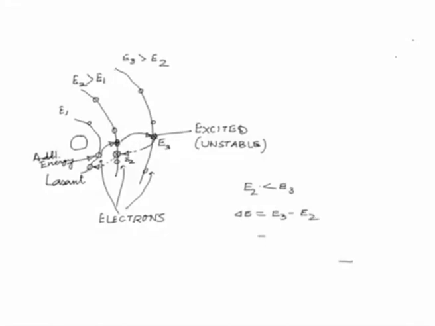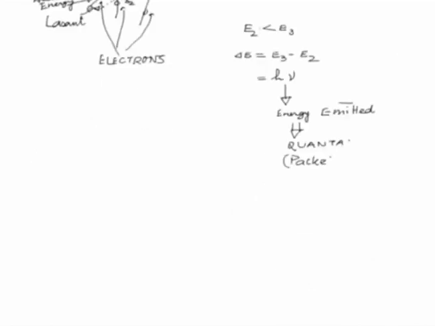This energy, delta E, is equivalent to h nu, and this energy will be emitted in the form of packets, also called quanta, or in very simple meaning, packets of energy. These quanta are also called photons.